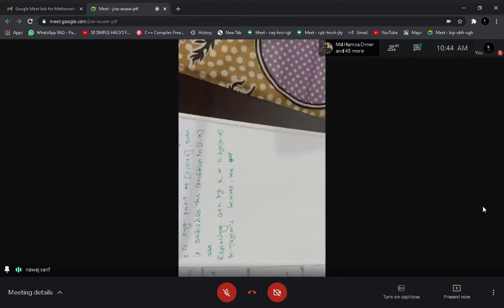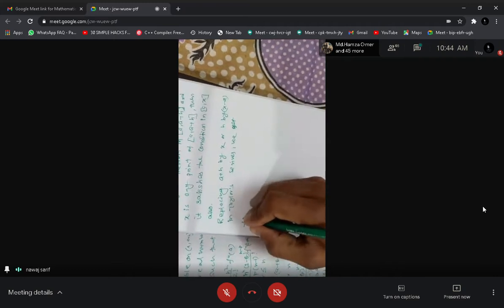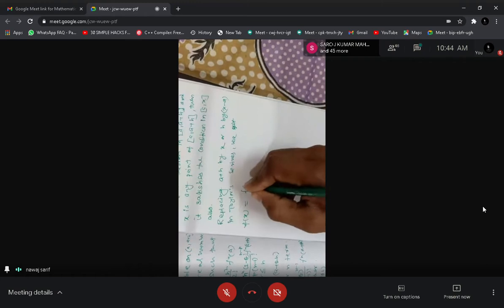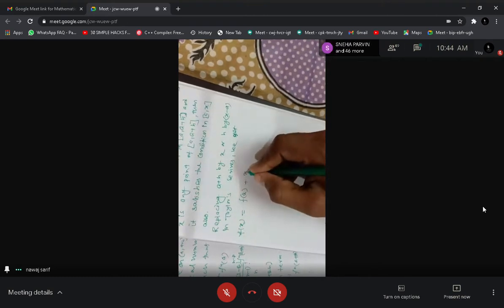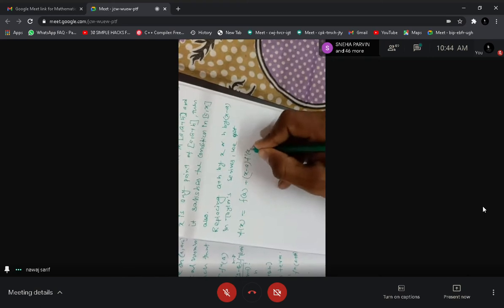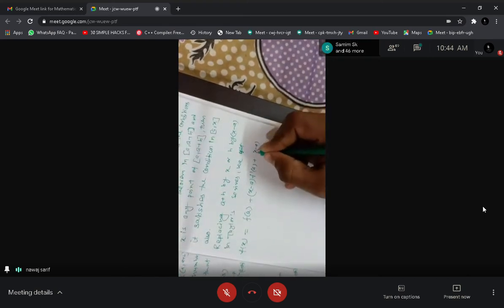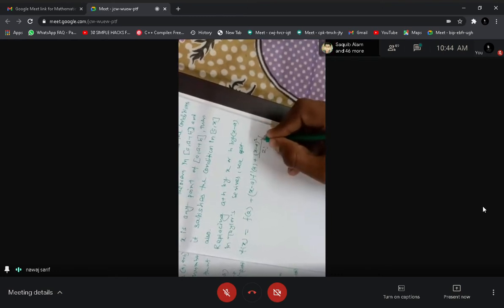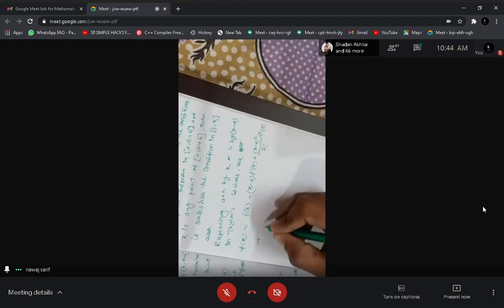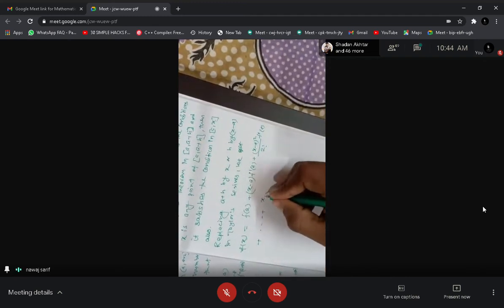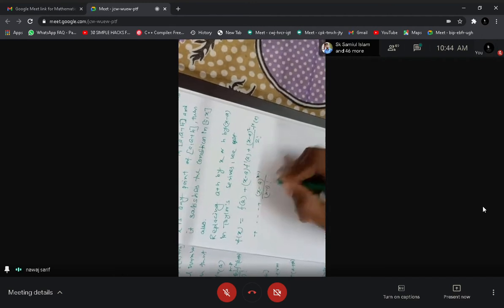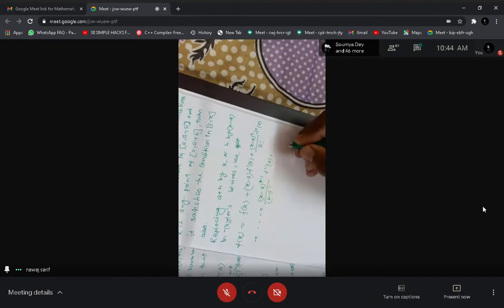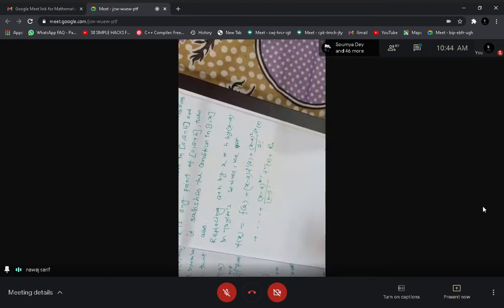Here f of a plus h is f a plus h into f dash a, so f of a plus h is replaced by f of x. So f of x equals f of a plus (x minus a) f dash a, then (x minus a) square upon 2 factorial f double dash a, and up to nth term (x minus a) to the power n minus 1 upon (n minus 1) factorial f^(n minus 1) a, and this is Rn, the remainder.